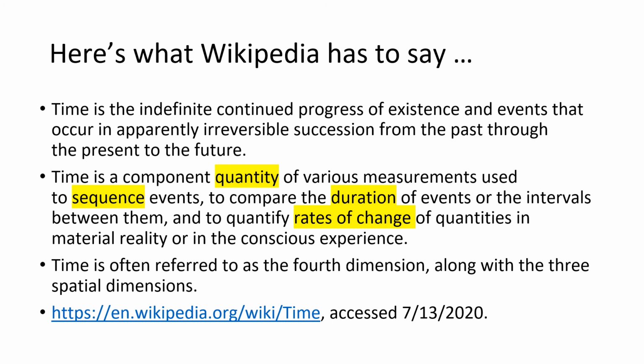Time is a component quantity of various measurements used to sequence events, to compare the duration of events or the intervals between them, and to quantify rates of change of quantities in material reality or in the conscious experience. Time is often referred to as the fourth dimension, along with the 3 spatial dimensions.